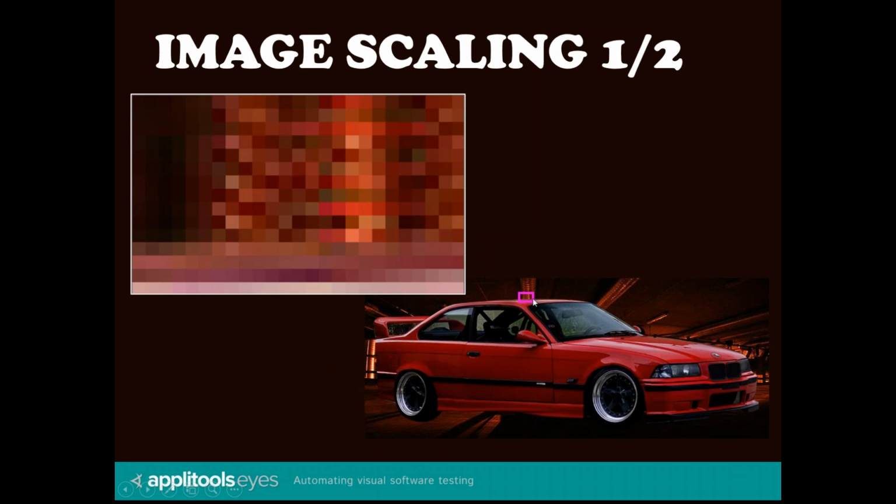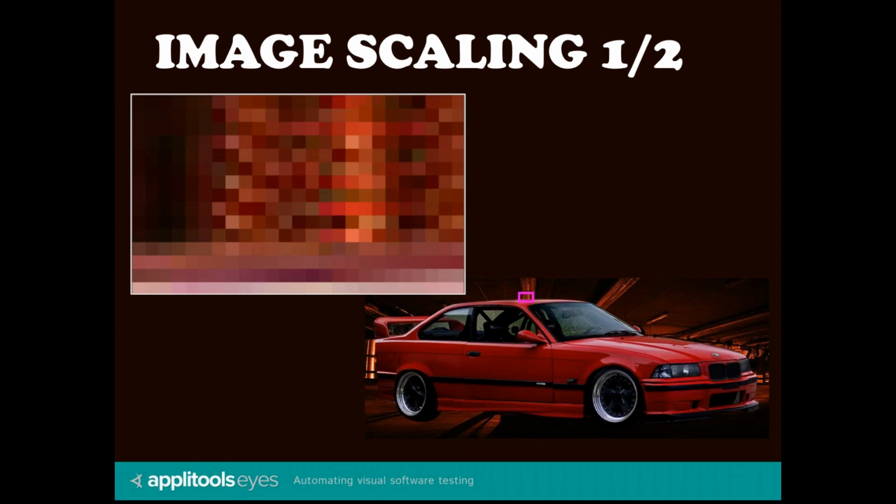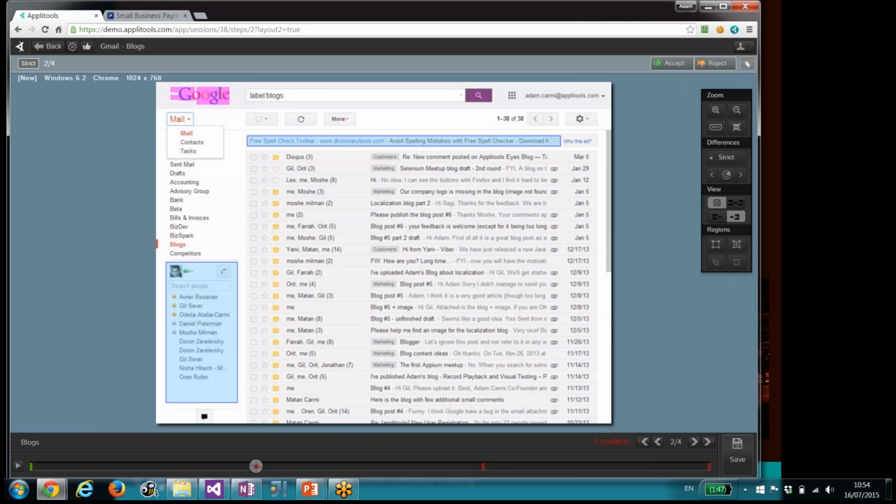And if you have two different graphics cards, and if they are configured differently, then you just end up with different pixels because the algorithms are different. And so if you look at this image here and this pink rectangle magnified, and you see the pixels, the way that they are rendered on two different environments, you can see that the pixels are very different, although to us as humans, we cannot see that. And again, the algorithm is smart enough to identify and ignore the situations.